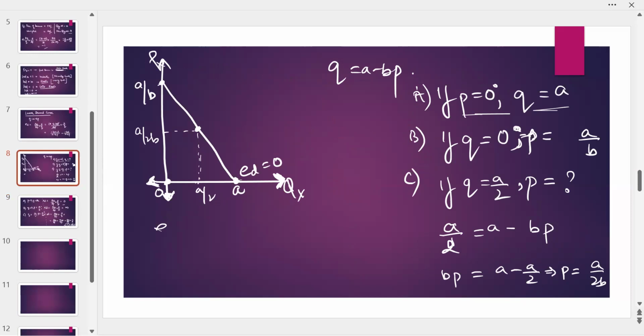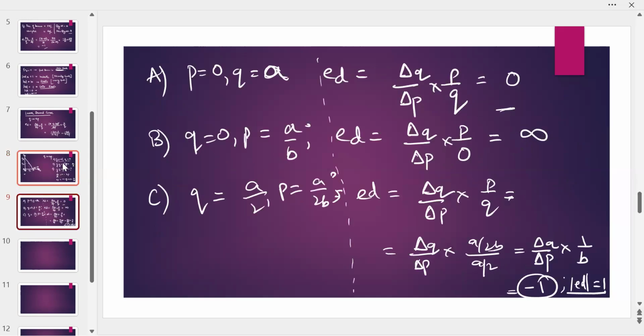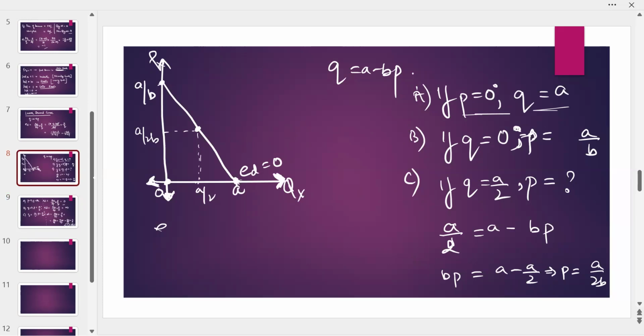It means that for any change in the price, there's no change in the quantity demanded, correct? If there is any change in price, the quantity demanded will not be impacted. That means it is inelastic.